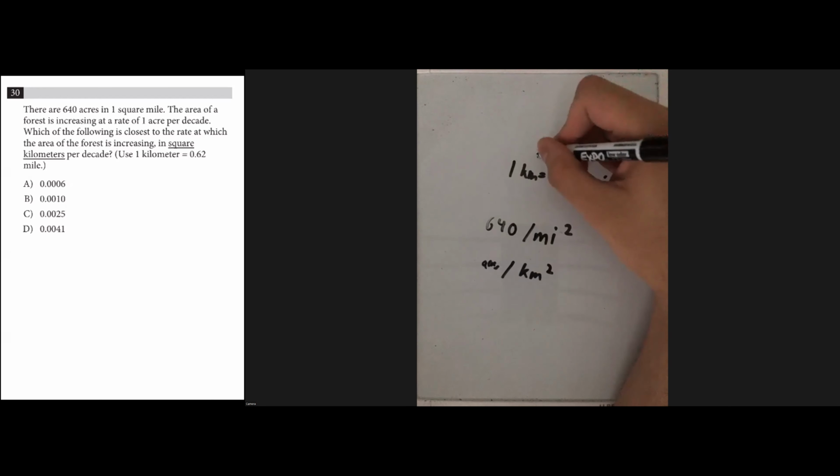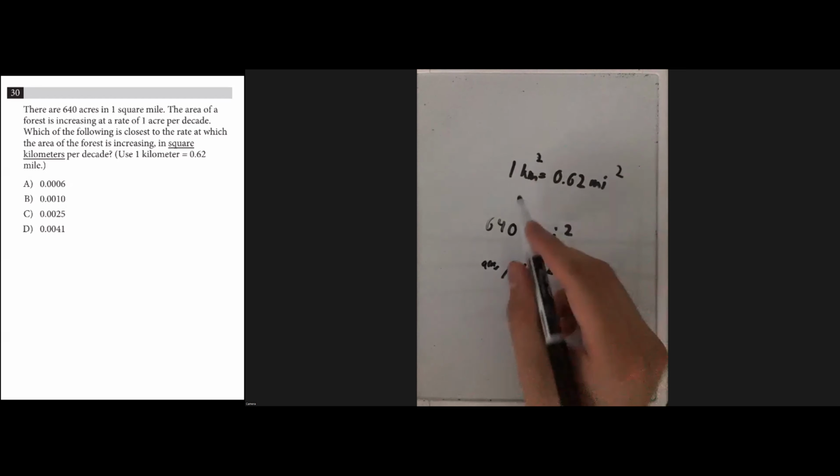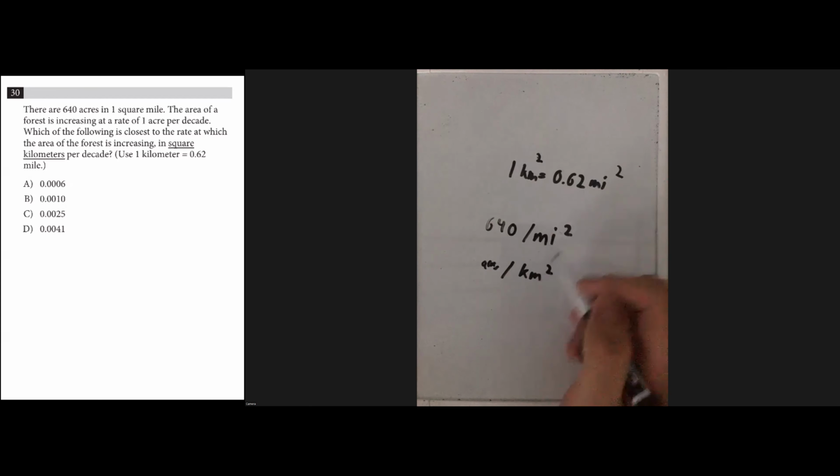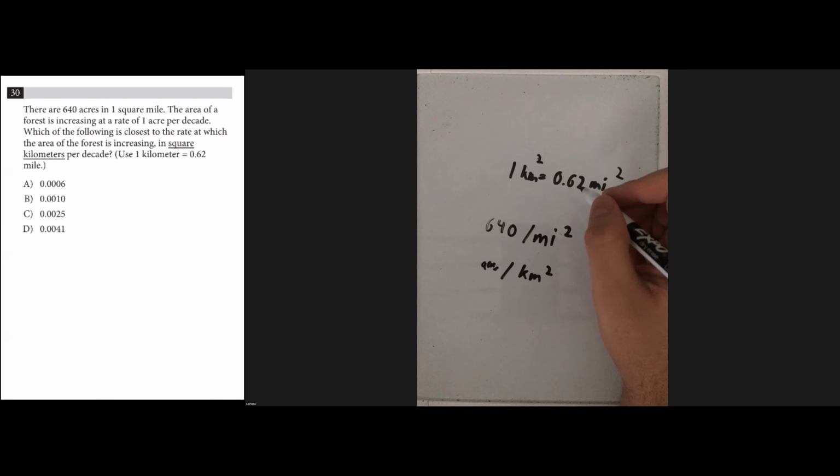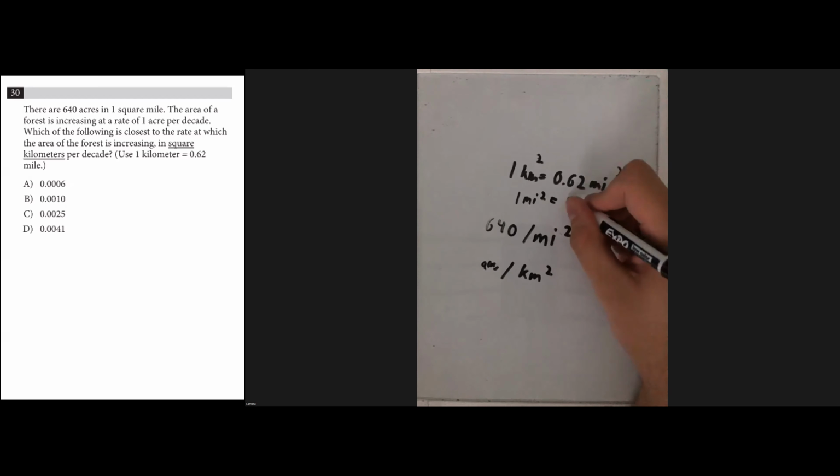Okay, so basically we would do both of these squared because it's miles squared and kilometers squared. So 1 kilometer squared and 0.62 miles squared. Because 1 kilometer is 0.62 miles, and you need to get the two values squared. So 0.62 squared gets you 1 mile squared equals 0.3844 kilometers squared.